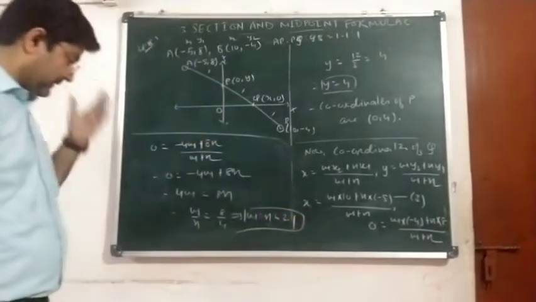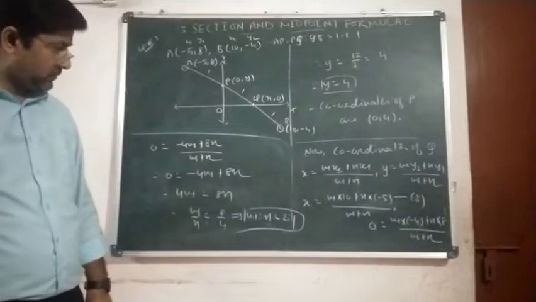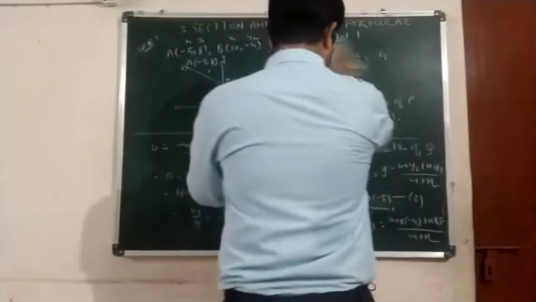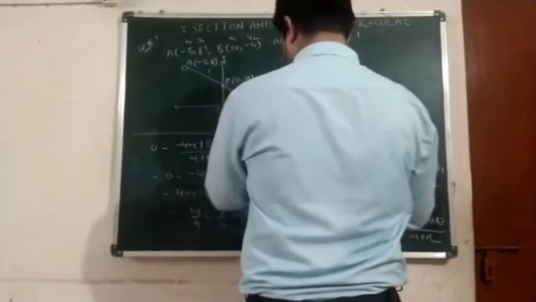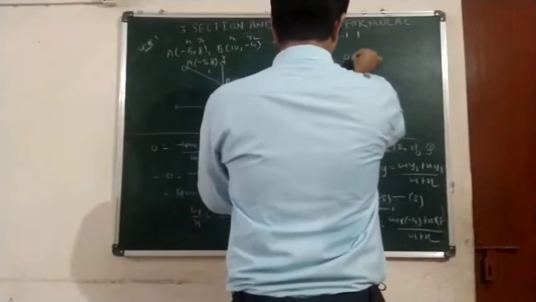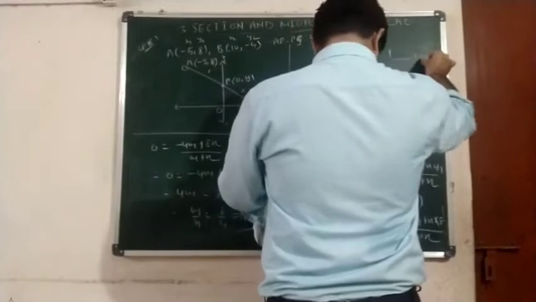Clear? And therefore we will write down, therefore ratio AQ is to QB is 2:1.